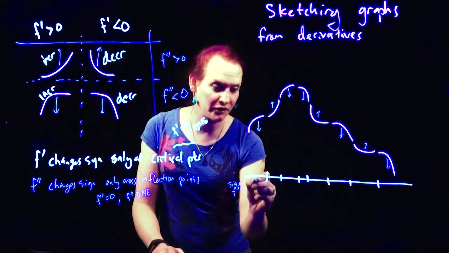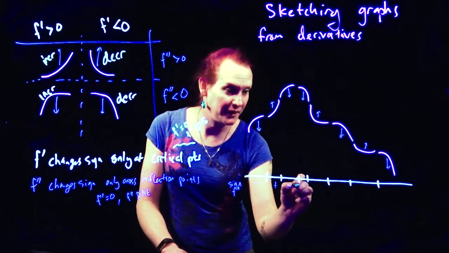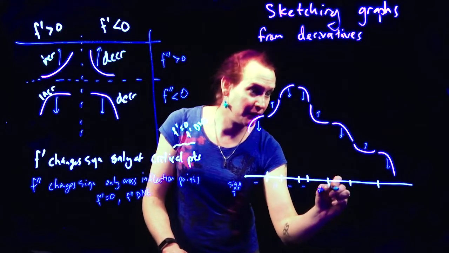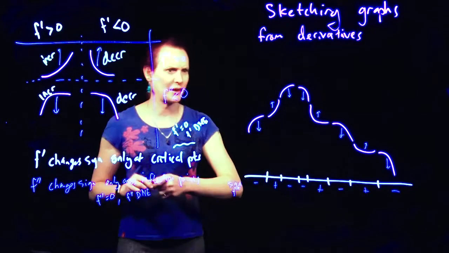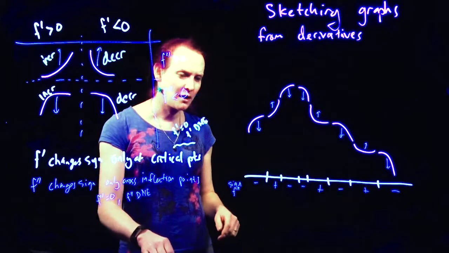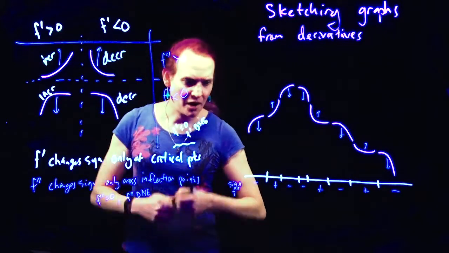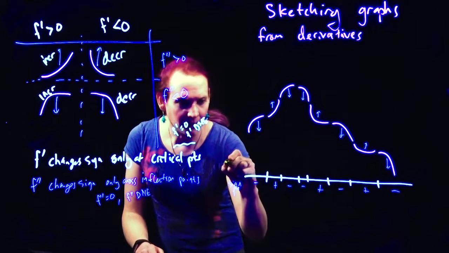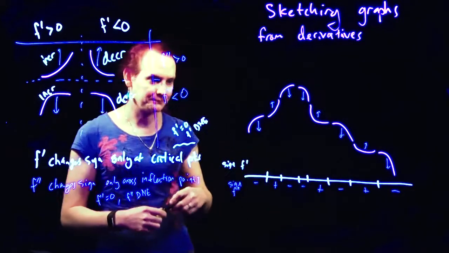So in order to construct this graph, f double prime had to be negative, positive, negative, negative, positive, negative, positive, and then negative again. This is more complicated than a function that we would give you in this class, but a computer would happily do this. I also want to know the sign of f prime.